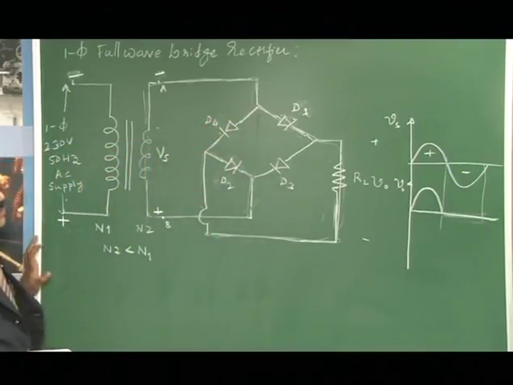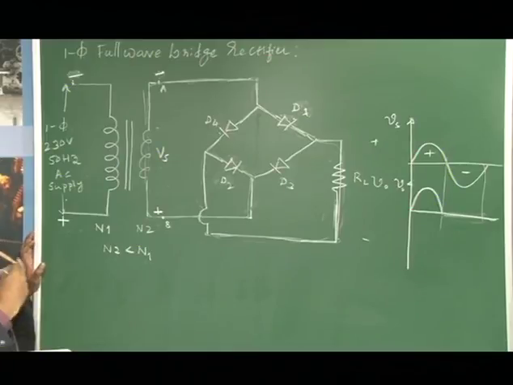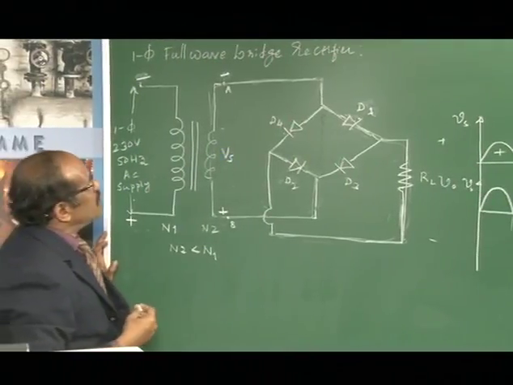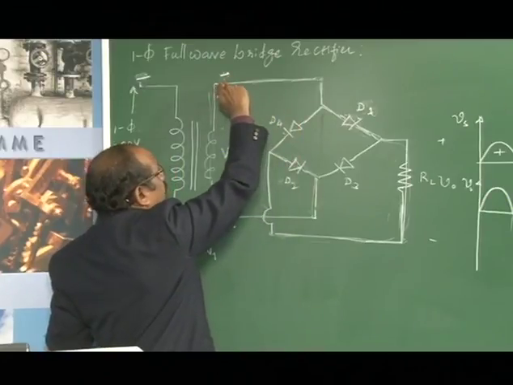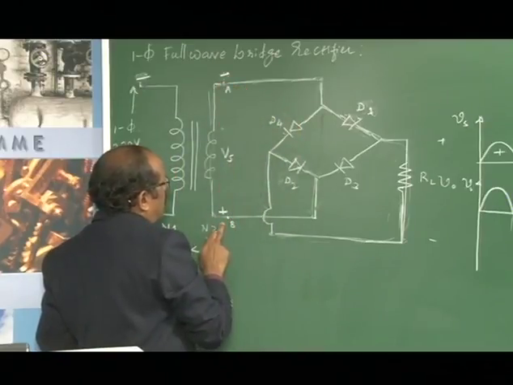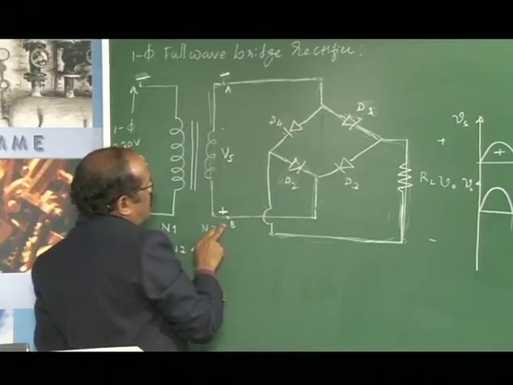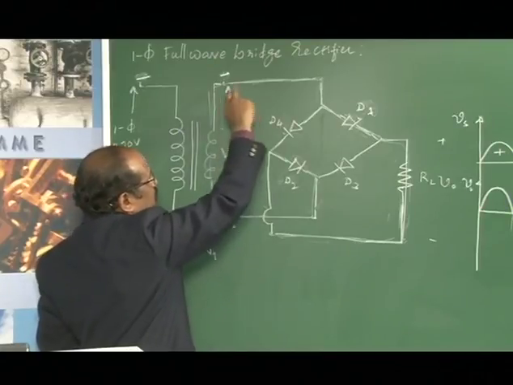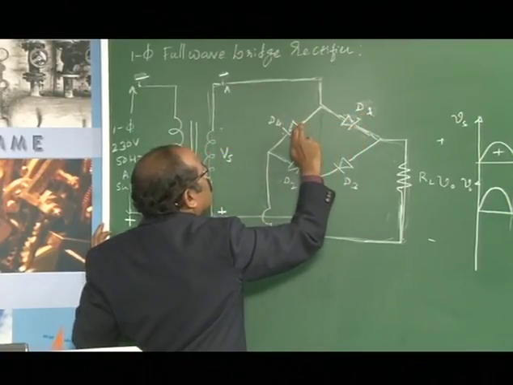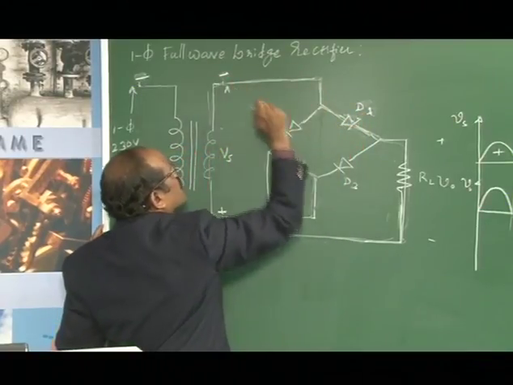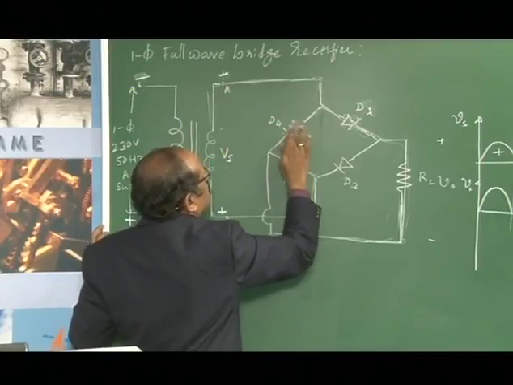Let us analyze this circuit, how this full wave bridge rectifier acts here. Terminal A is at negative potential with reference to B, so B will be at positive potential, whereas A will be at negative potential.